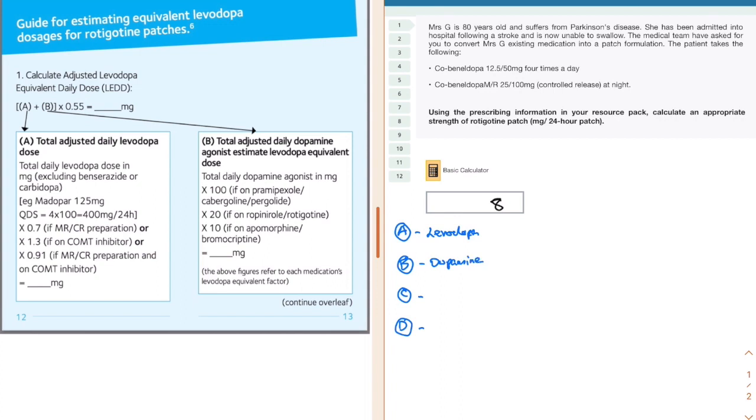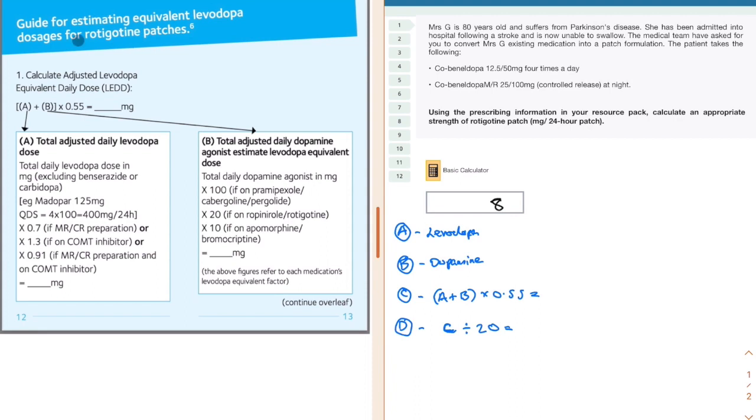In stage C, we're going to add A and B together, and multiply that answer by 0.55. And in stage D, we're going to take our answer from stage C and divide it by 20 to get the Rotigotine patch strength that we require. So that's how we memorize our formula for tackling this type of calculation question.